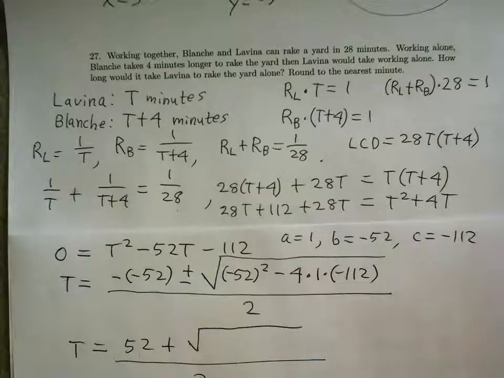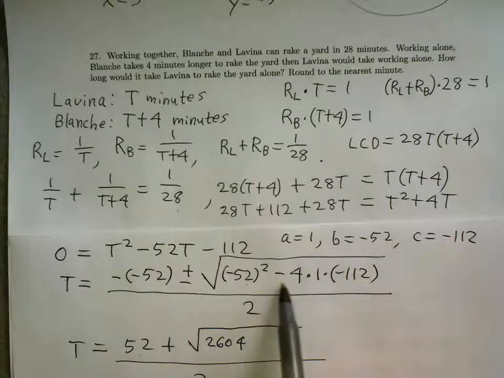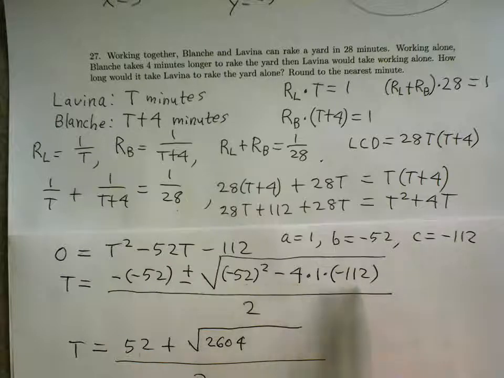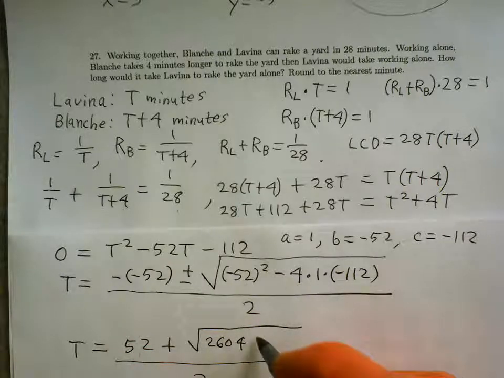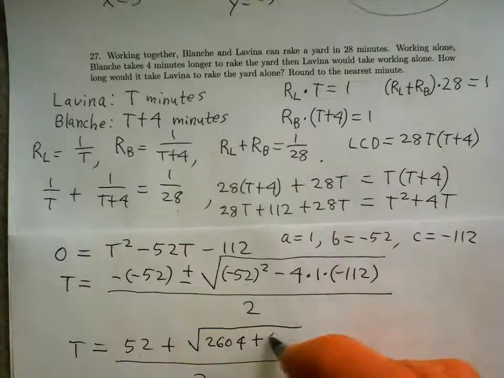So let's see, when we square negative 52, we get 2604. That's what I got. And then we're subtracting negative 448. So that's the same as adding 448.